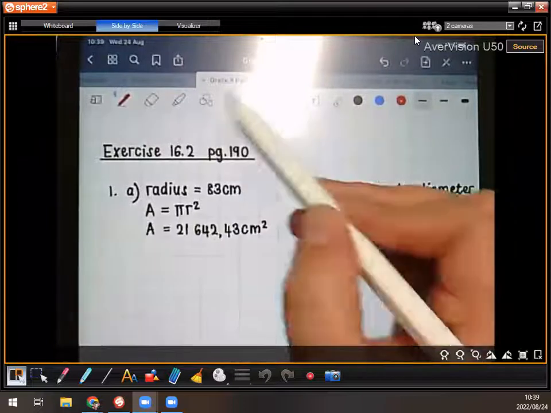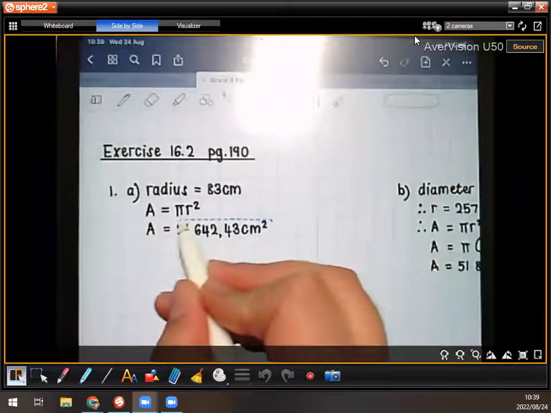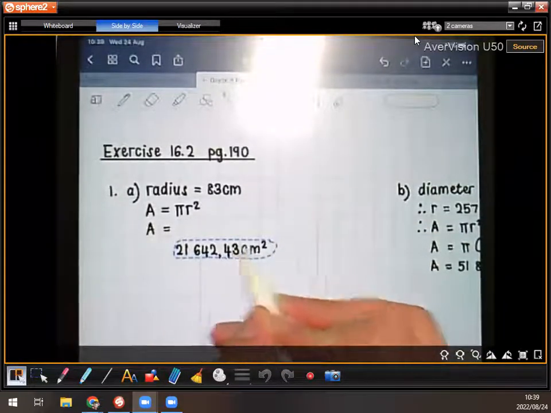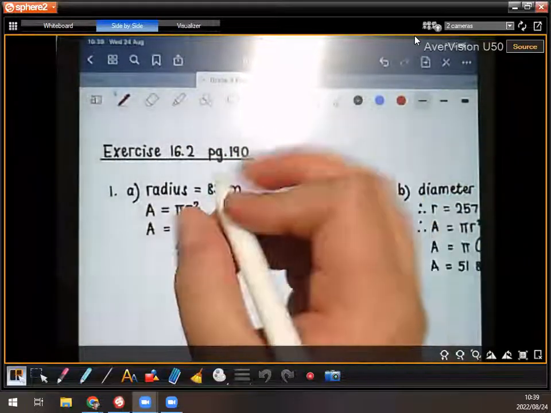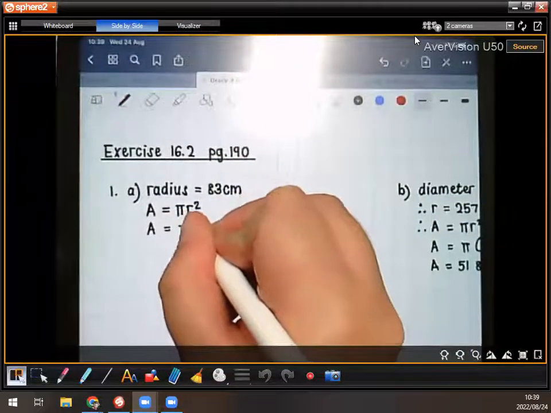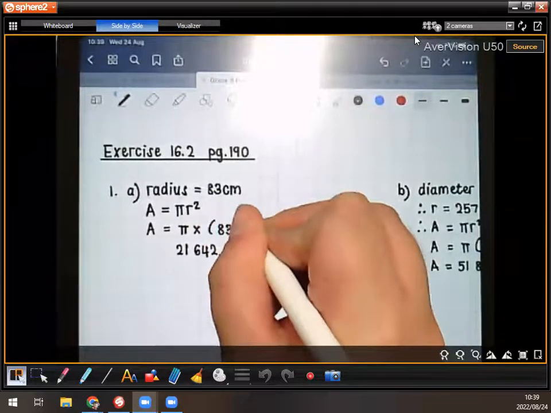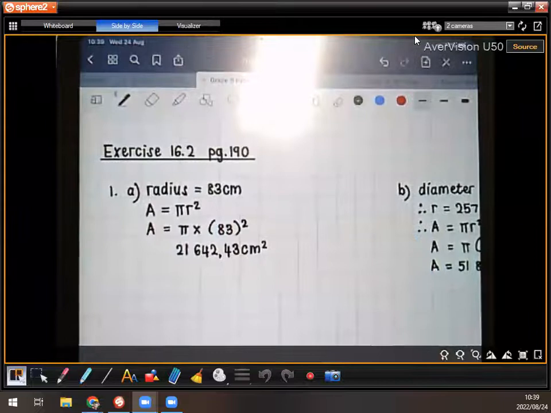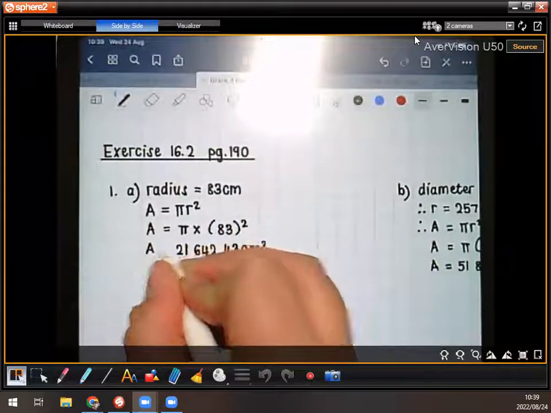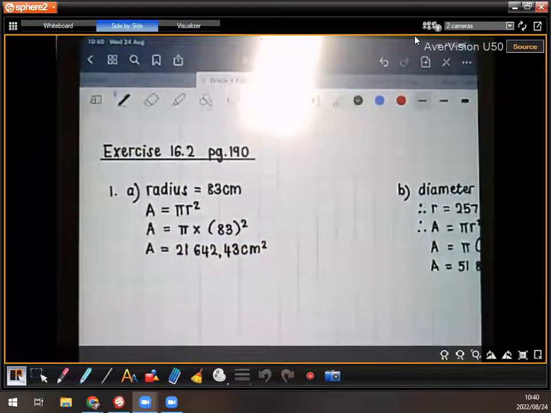Oh, I didn't actually show this calculation. Sorry, let me add a step here. So you would say pi times this 83. You can put in brackets, but you'll put them in when you have to. And that is what you'll type into the calculator. And then just round that value.